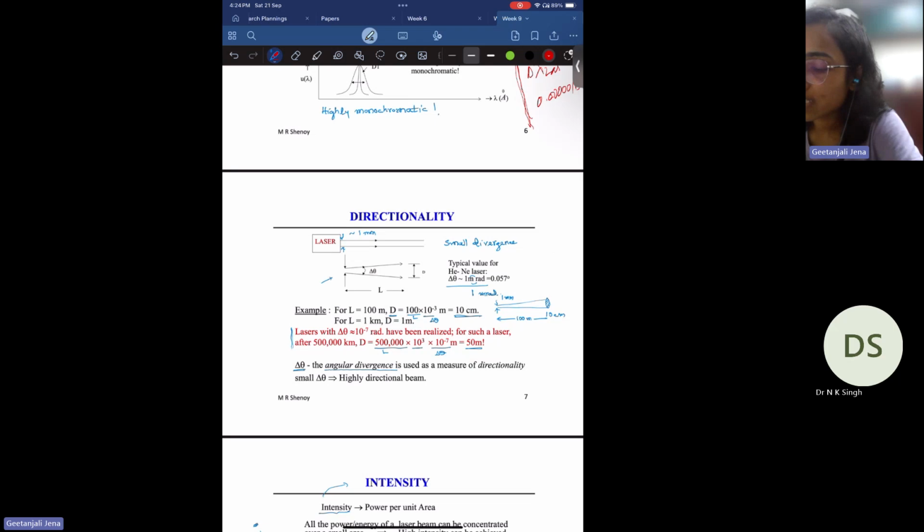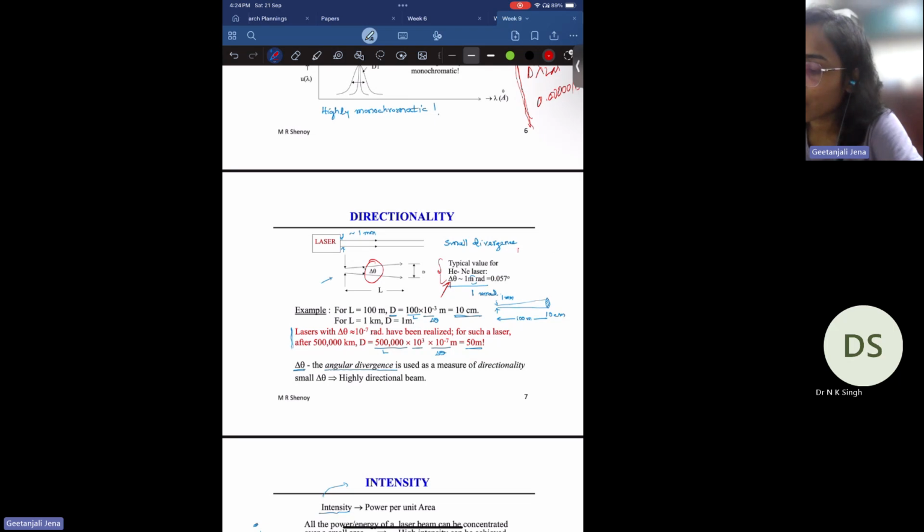This delta theta defines the directionality of the laser you have used. Typically for a helium neon laser that we use in the lab experiment, delta theta is on the order of 1 milliradian.